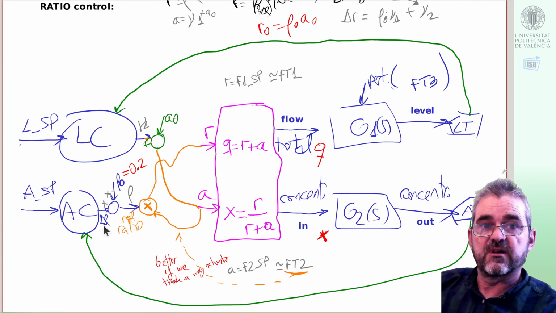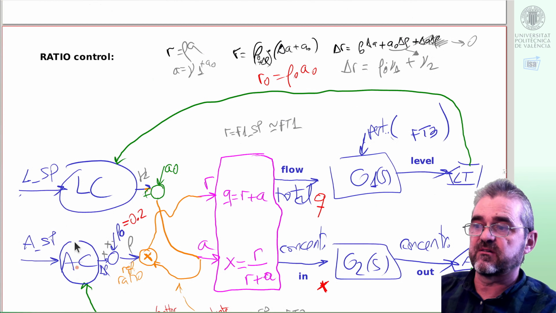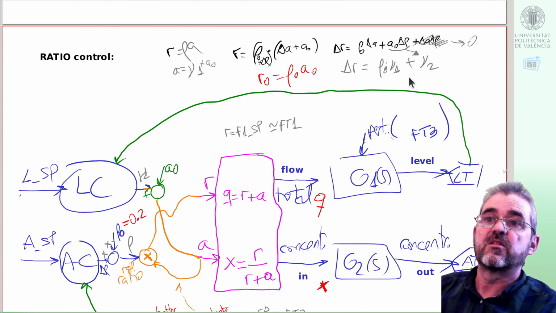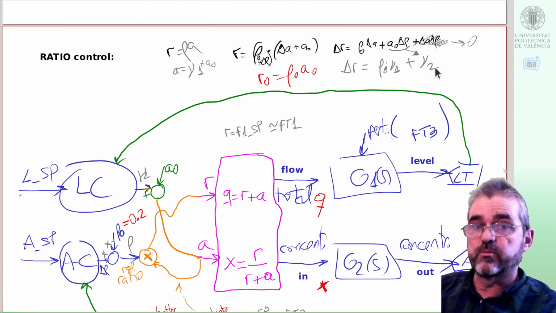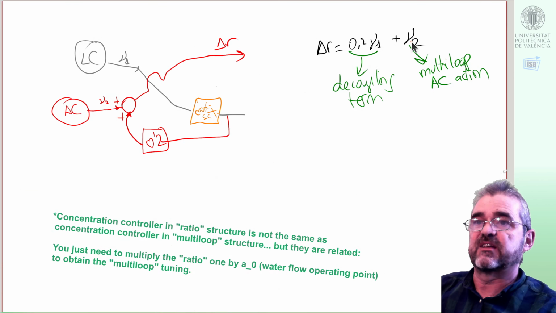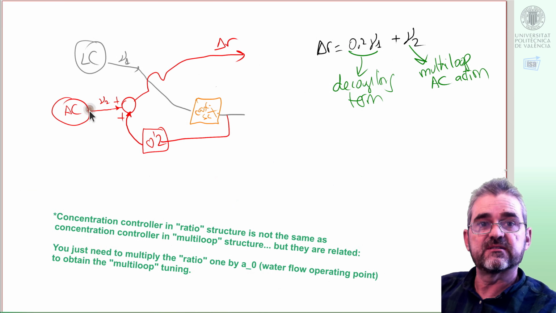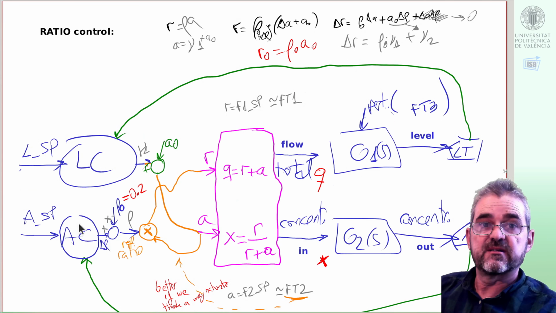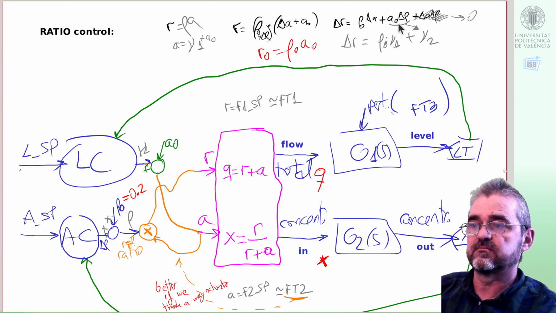But this formula tells me that actually if I tuned the concentration controller in the ratio control structure, then the multi-loop tuning that will be equivalent would be multiplying the gain of this ratio control element by A0, the nominal water flow.